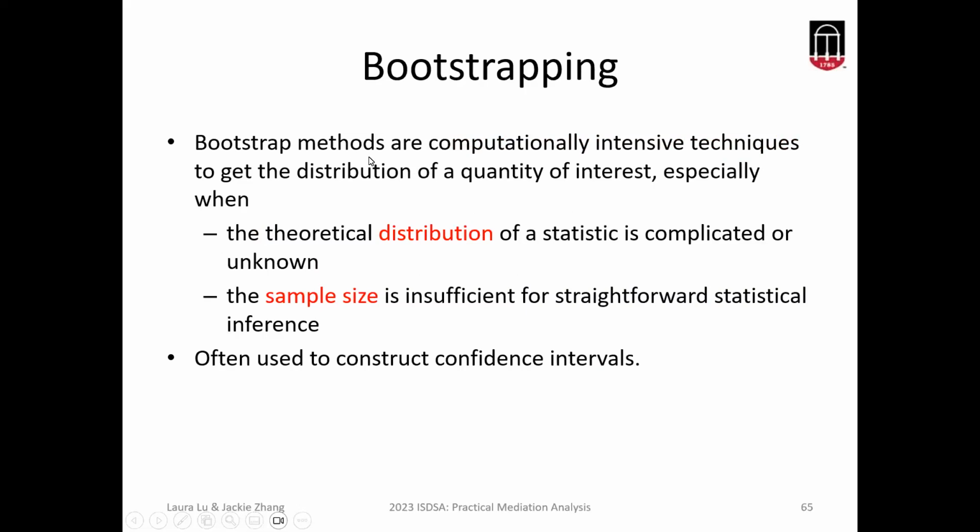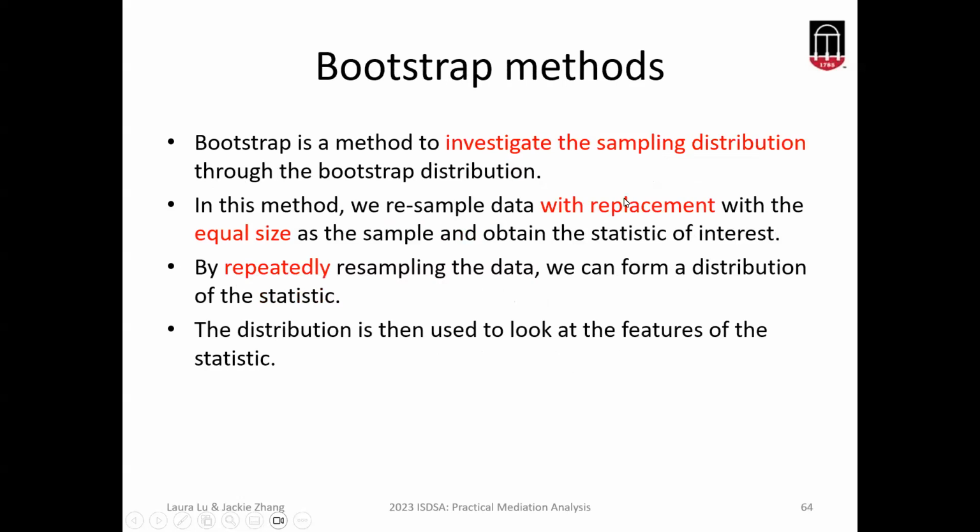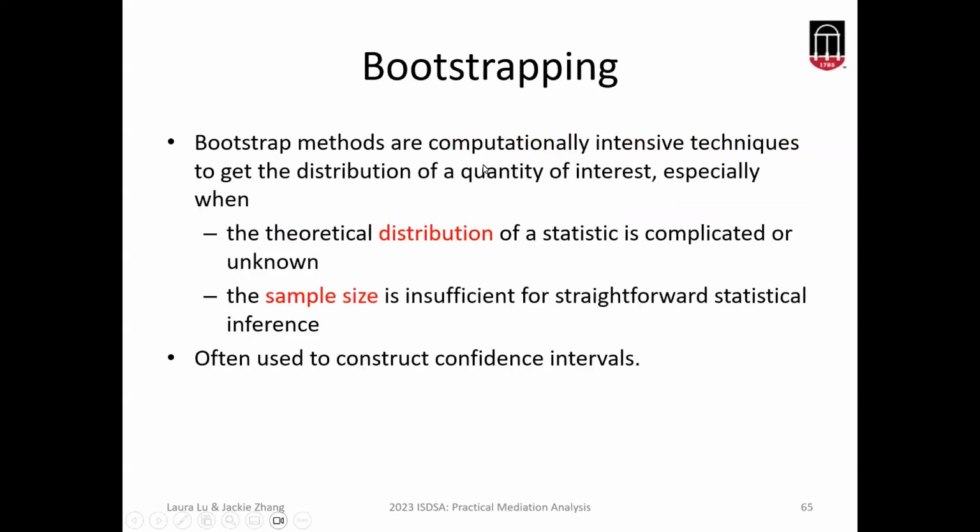This method is computationally intensive. With this step, we repeat resampling the data, and for each bootstrap sample, we calculate the statistic of interest. So sometimes it can take a long time. It depends on your model. If your model is complicated, then maybe it will cost you some time.